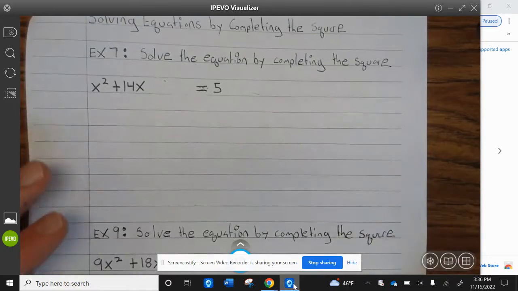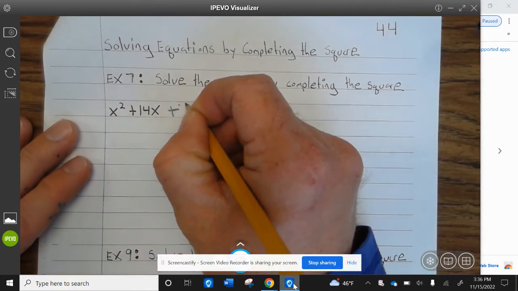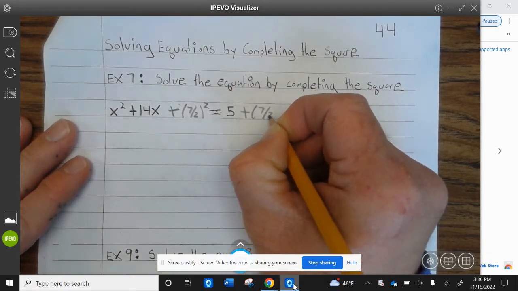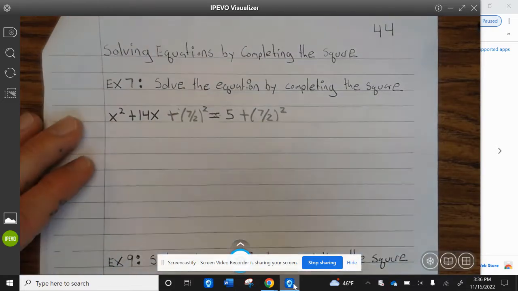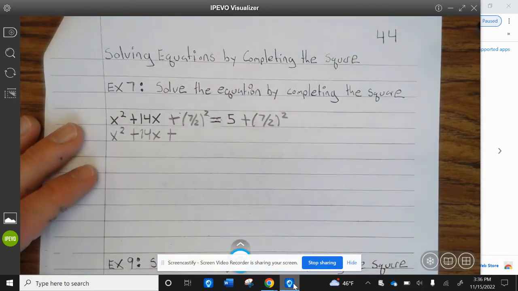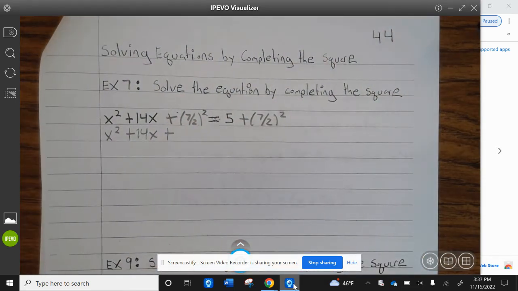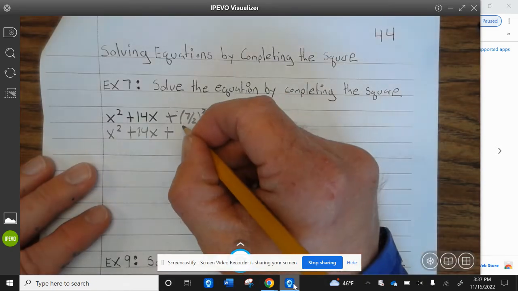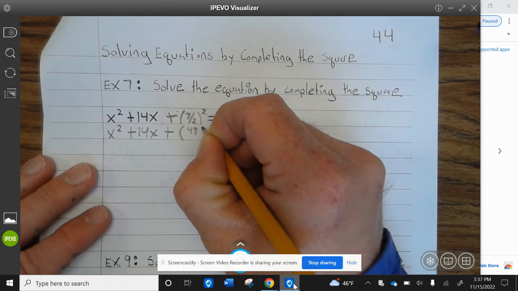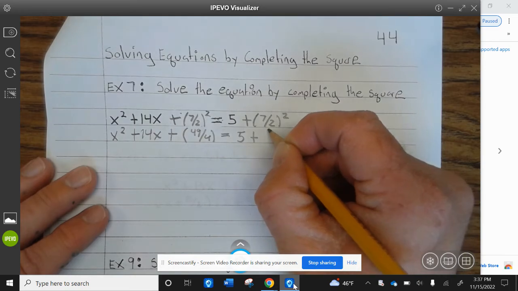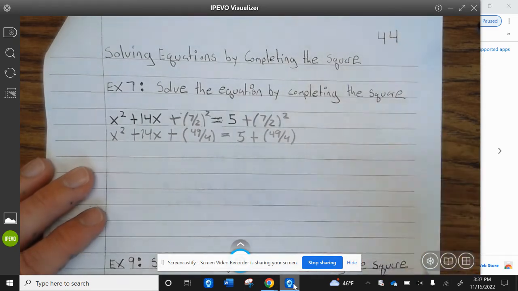All right, example 7. Okay, we're going to start by adding 7 divided by 2 squared to both sides. Okay, so that's x squared plus 14x plus 49 divided by 4, which equals 5 plus 49 divided by 4.